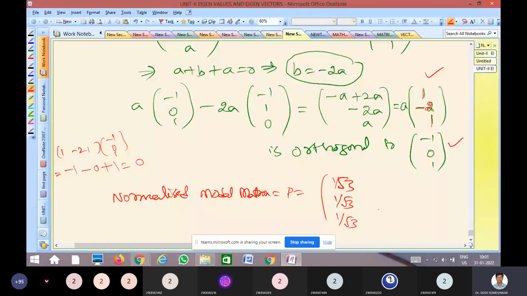The second one is 1 minus 2 1, so 1 by what will you write, square root of this term, square root of 1 square plus 4 plus 1, square root of 6.